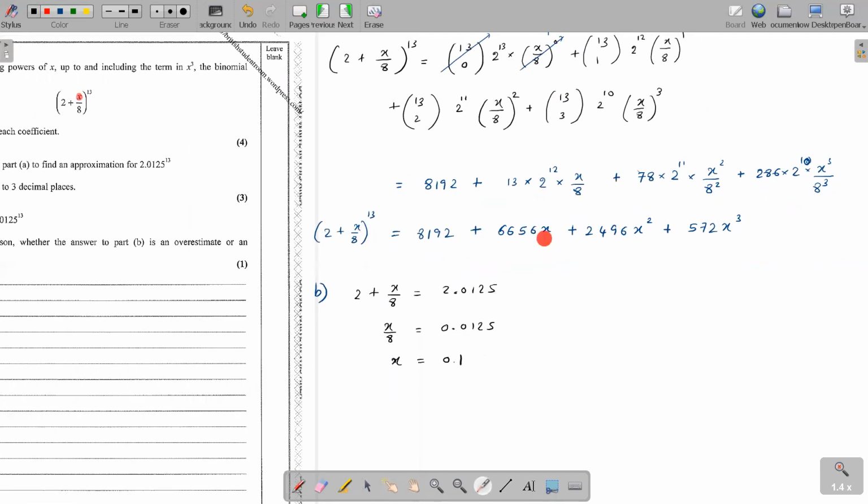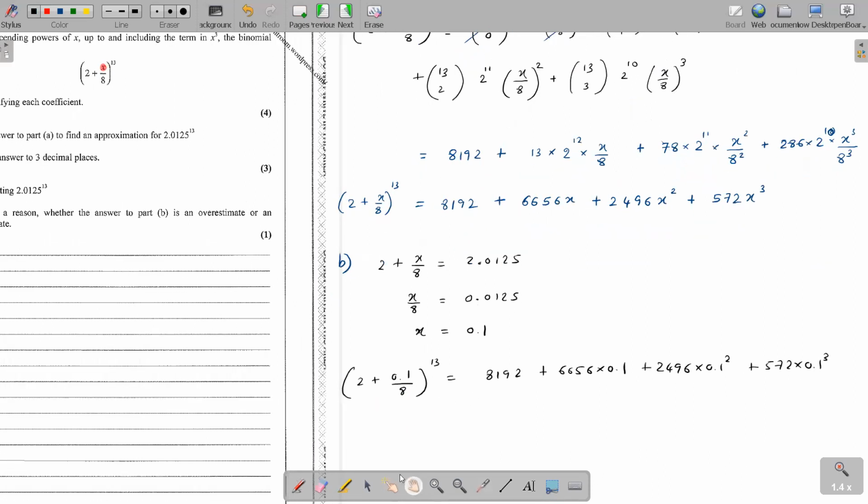Substitute 0.1 in place of every x. So 2 plus 0.1 over 8, to the power 13, equals 8192 plus 6656 into 0.1 plus 2496 into 0.1 squared plus 572 into 0.1 cubed. So for this side, you don't even have to type it in the calculator.